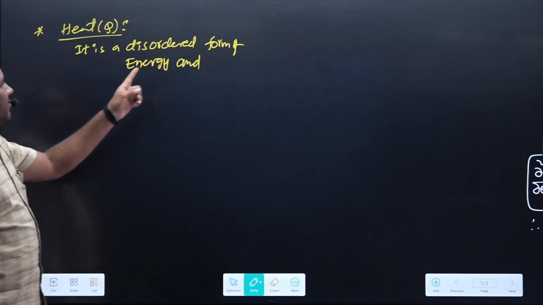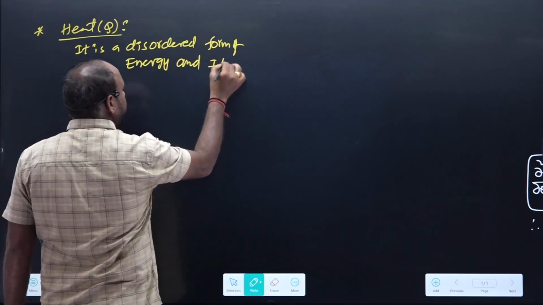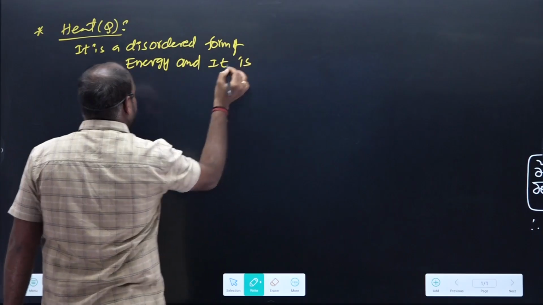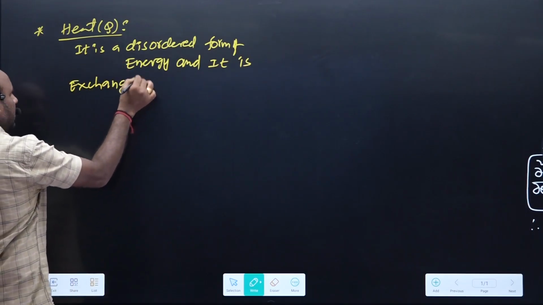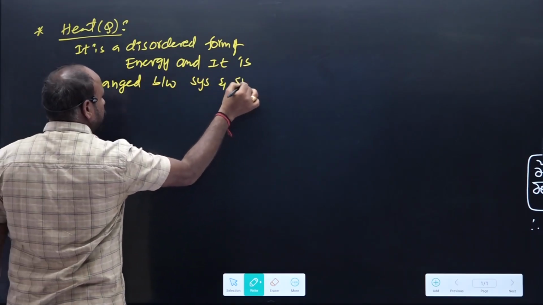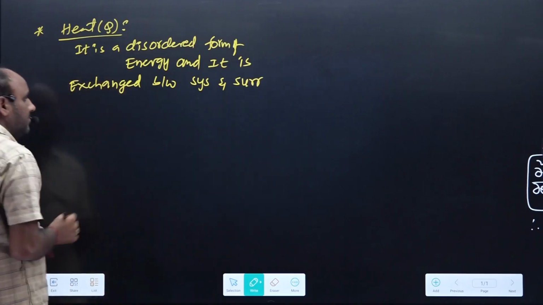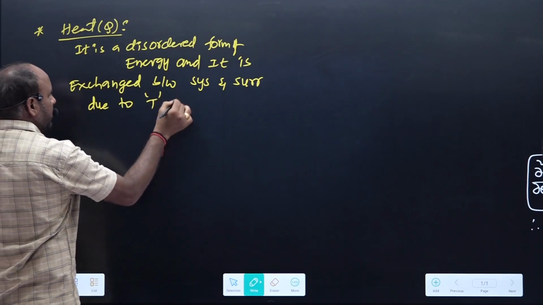It is a disordered form of energy and it is exchanged between system and surroundings due to temperature difference.